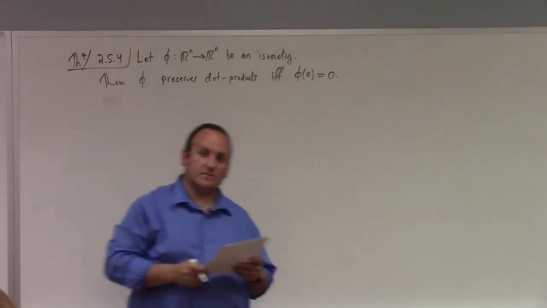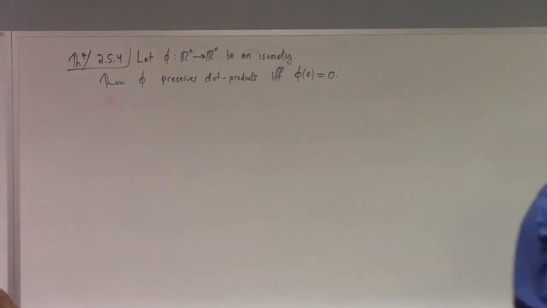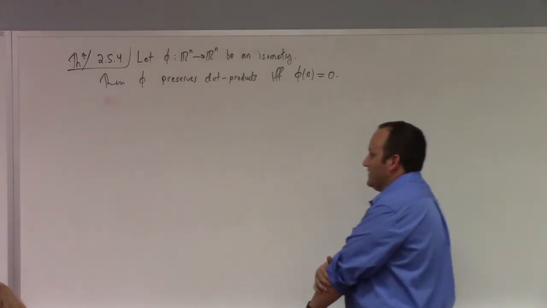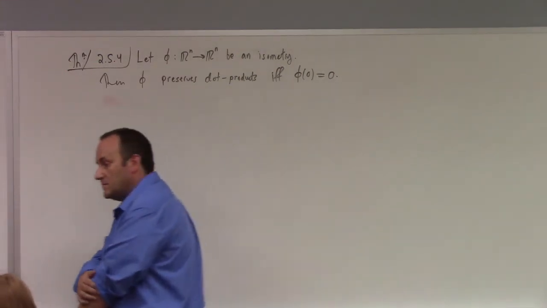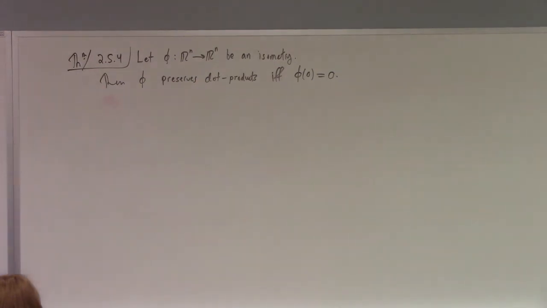In other words, the isometries of n-dimensional space with respect to the Euclidean norm, which preserve dot products, are precisely those which fix the origin. The origin-fixing isometries are the ones which preserve the dot product.